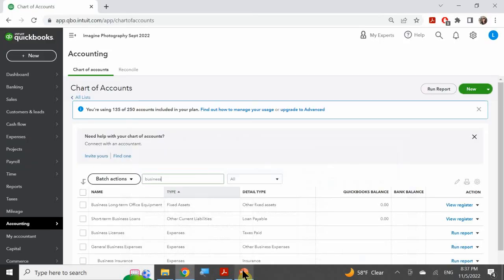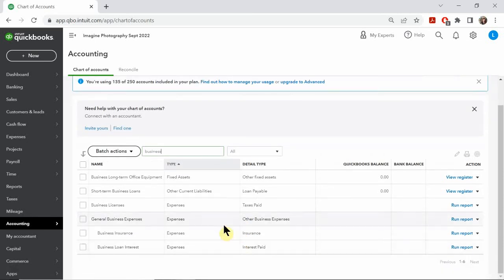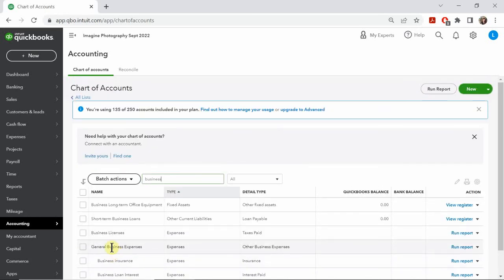So let me see, business long-term office equipment. Okay, so it doesn't seem like, oh, right here, business loan interest. Okay, business insurance. So that's under there. Business license.